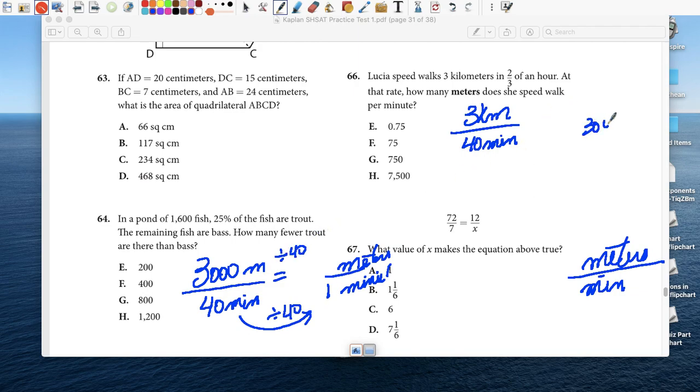So 3,000 divided by 40. We can simplify or divide the standard way. And 300 divided by 4 is, let's see, 150, 75. So our answer is 75 meters in 1 minute.